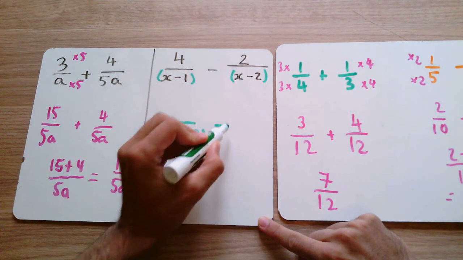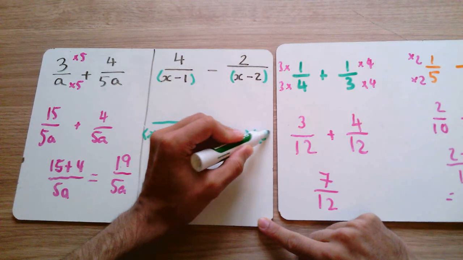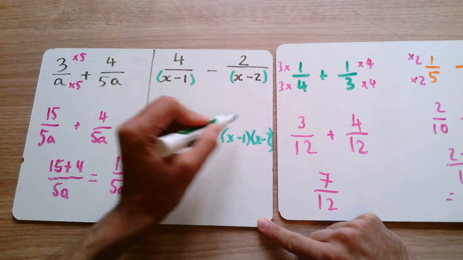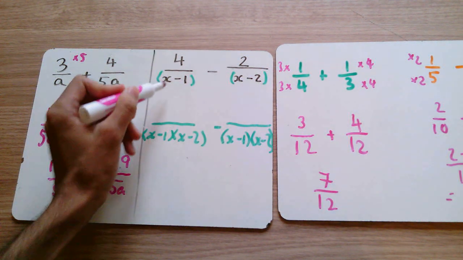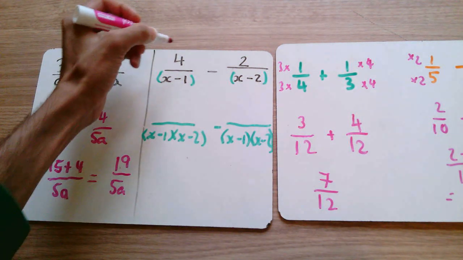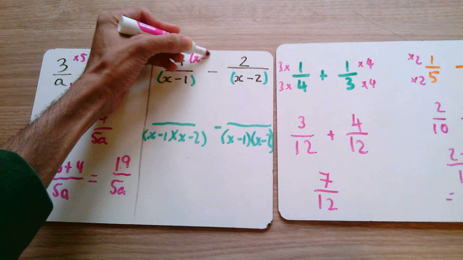So over here, x minus 1 over x minus 2, x minus 1 over x minus 2. And we can see that on the left-hand side, I have multiplied the denominator by x minus 2. So I've got to multiply the numerator here also by x minus 2.